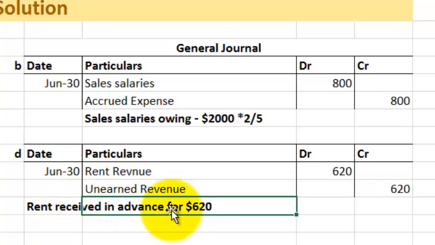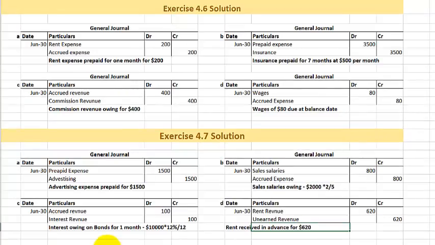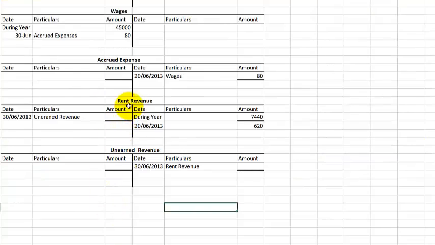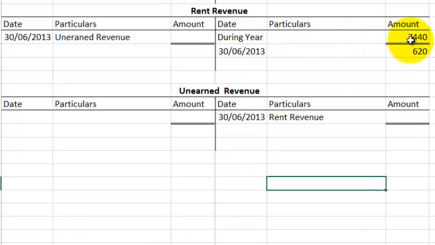What I'm going to do is again show you how this plays out in the ledger accounts, because I think it's probably easier to understand that way. Let's just click to the ledger accounts. In rent revenue, during the year we had 12 payments at $620, which amounts to 7,440.